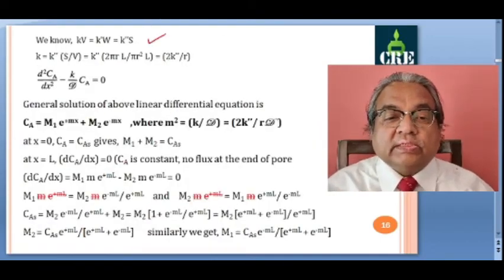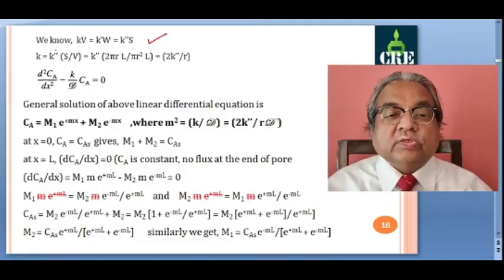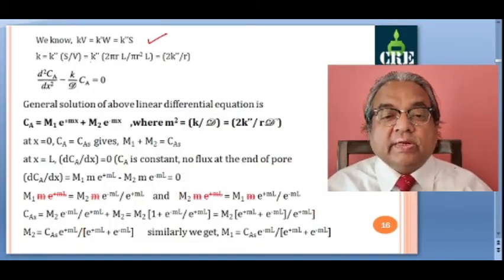We have seen this relationship, k into V is equal to k dash into W into k double dash into S. So k is equal to k double dash S by V. I can write this as k double dash, where S is the surface area 2 pi r l and V is pi r square into l for this case.